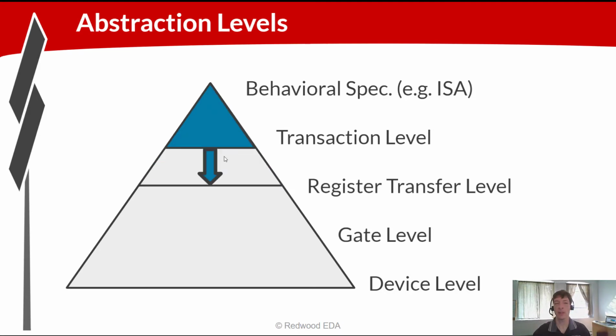With transaction level design, we elevate the specification of behavior to the transaction level. Hardware design, though, is fundamentally different from software design, and abstraction, as a result, is more challenging to deal with. In software, if you have some slow code, that slow code affects the execution of that code only.